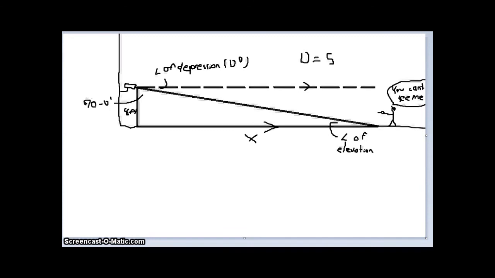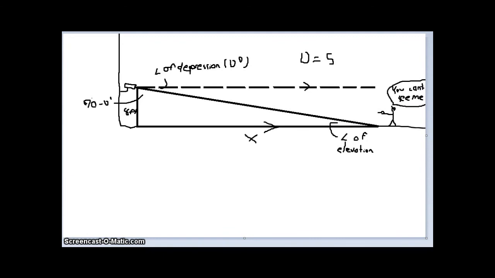So if you know the distance between the base of the wall and where the person is standing, then you could find the angle of depression. But since we already know that the angle of depression is about 5 degrees, we could use this to find out the length of x.